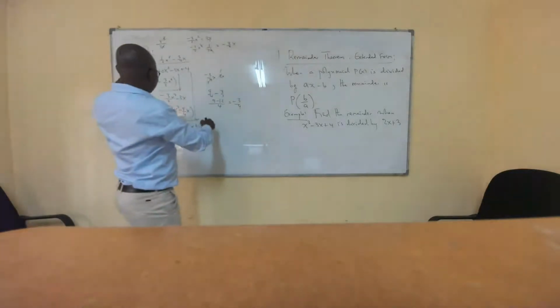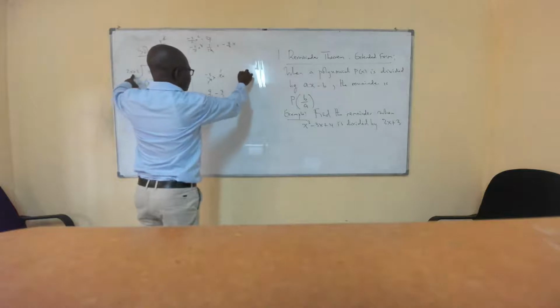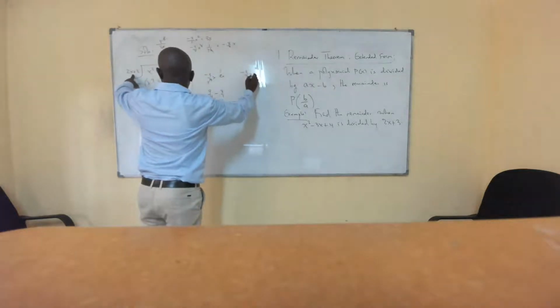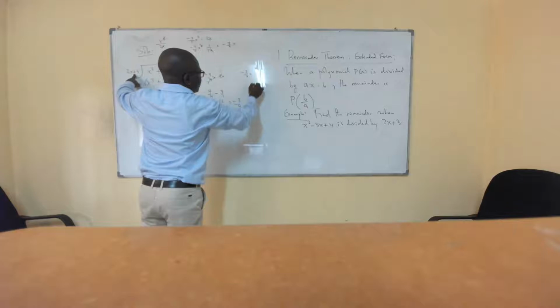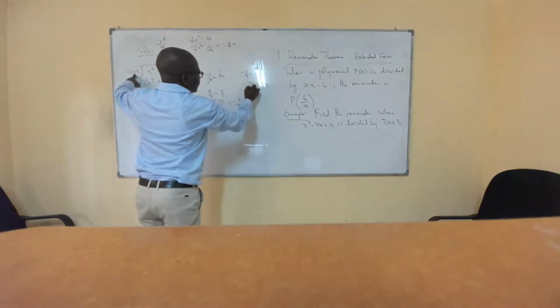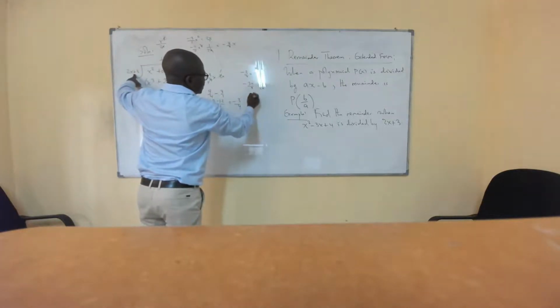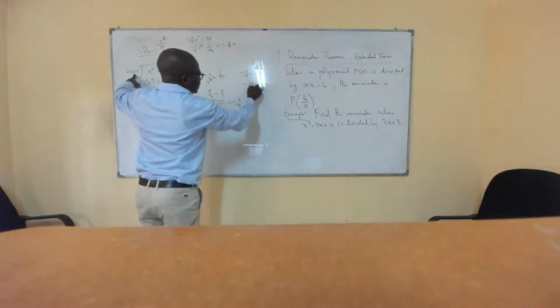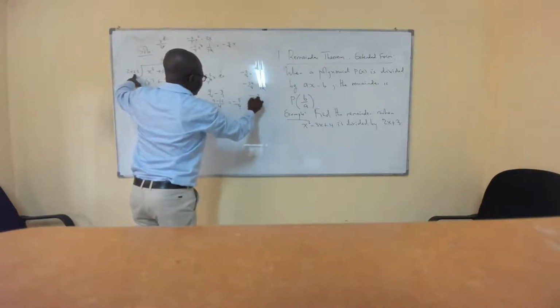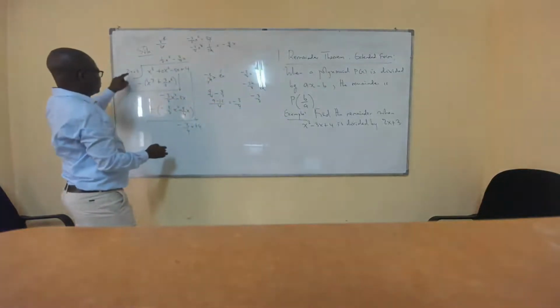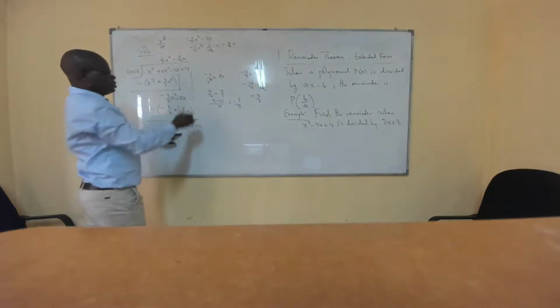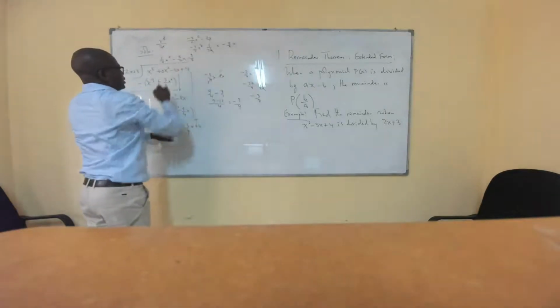So again, we are dividing, we are saying minus 3 over 4x divided by 2x over 1. So it will be minus 3x over 4 into 1 over 2x. So this will cancel with that and we have minus 3 over 8. Okay, so when this gets there, it will give us minus 3 over 8.